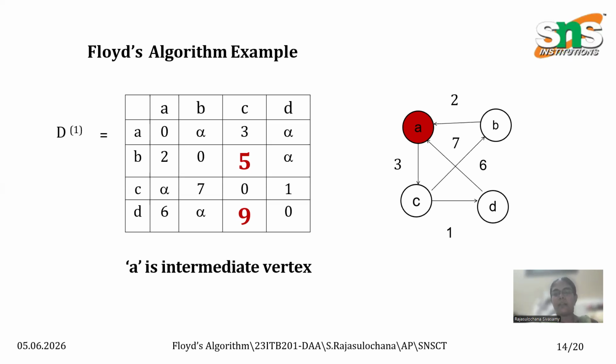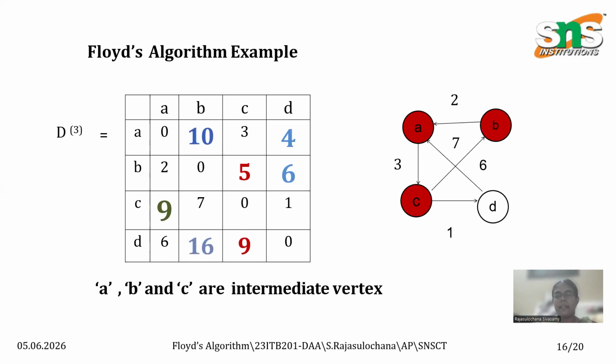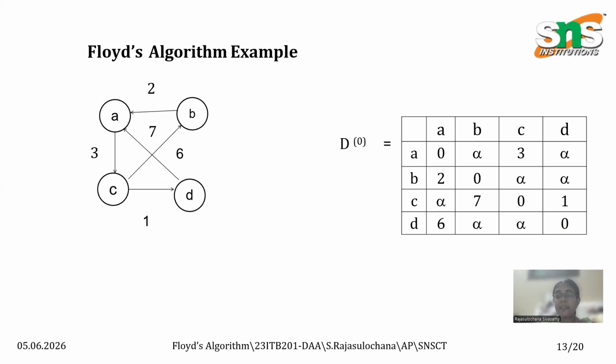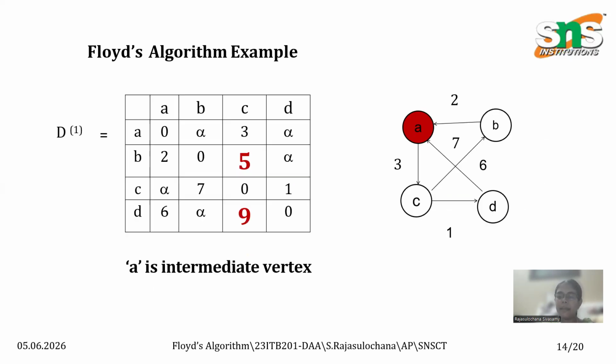From that source vertex A to all the other vertices like B, C, and D, the distance is updated. Every time the distance is updated, the new distance is compared with the one in the previous distance matrix. Of the value that is already available in the previous matrix and the value that is calculated, the minimum value is chosen.